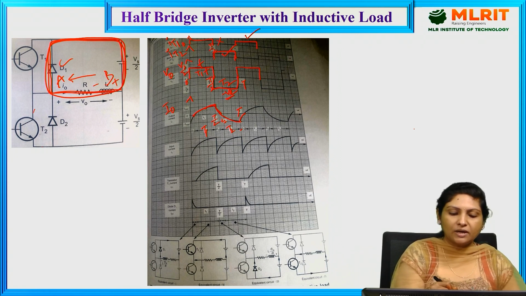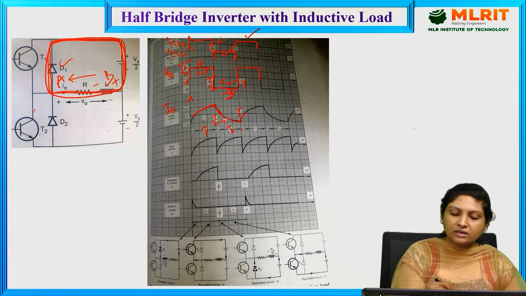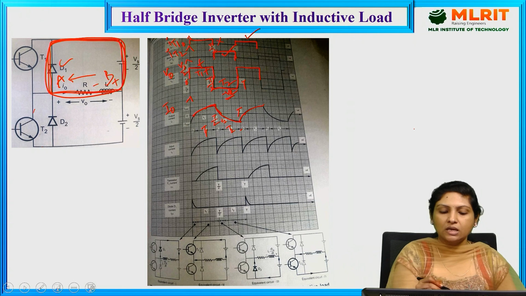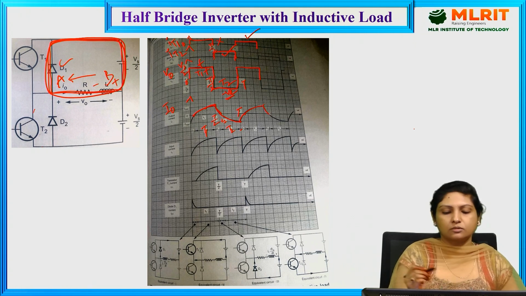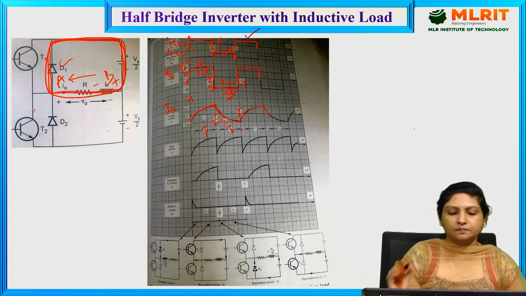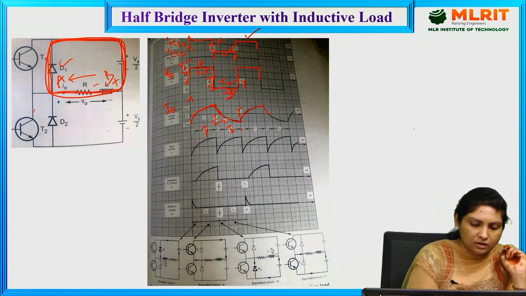By the time the current through the load is 0, T1 came into the picture and started conducting current through the load, and by the time it reaches maximum value, we have removed the base drive, and whatever energy is stored in the inductor still maintains conduction through D2. And the cycle repeats.